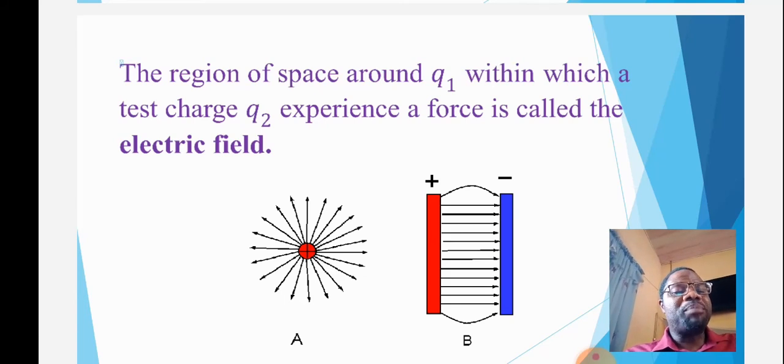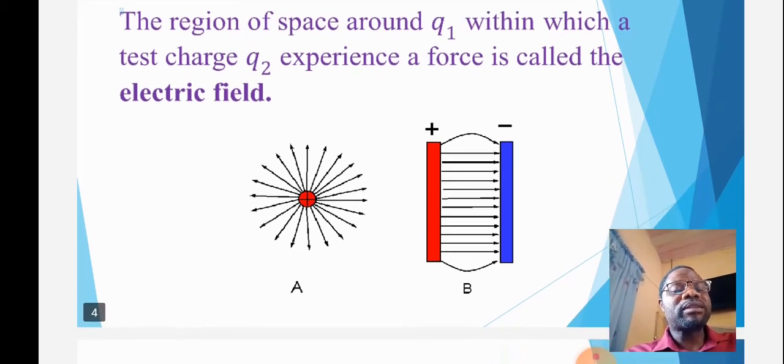Okay, you see the pattern of the electric field shown in the two diagrams. A represents the pattern due to a point charge, a test positive charge, while B is a pattern due to two parallel plates capacitor.